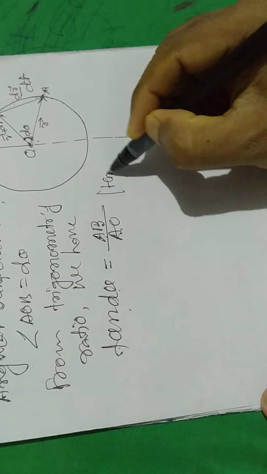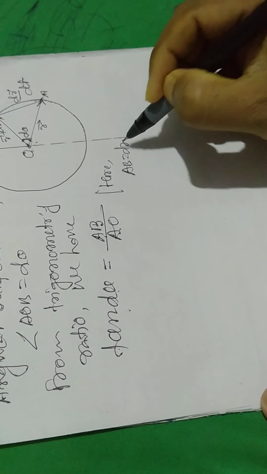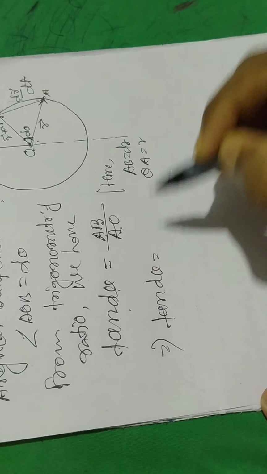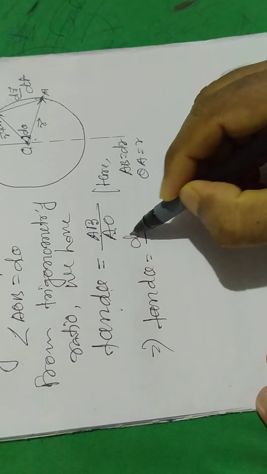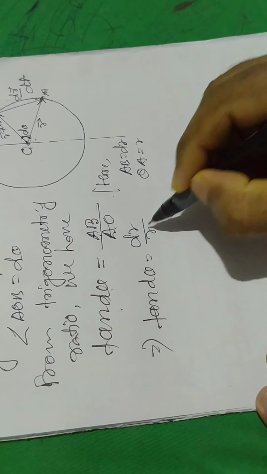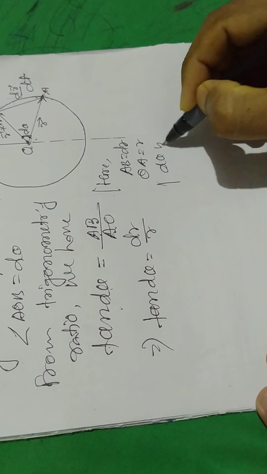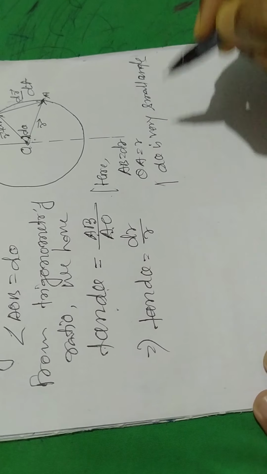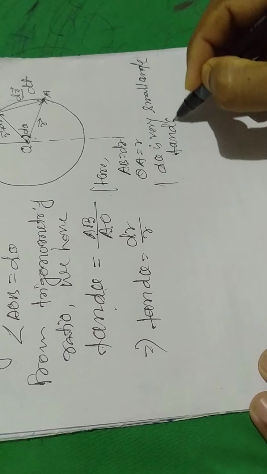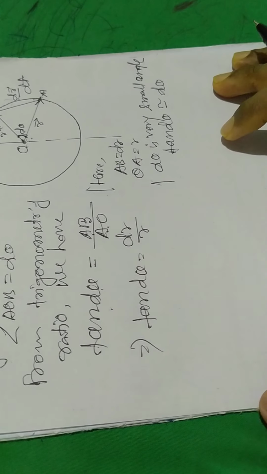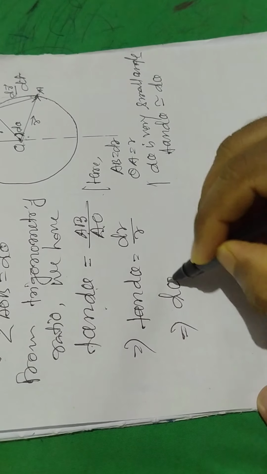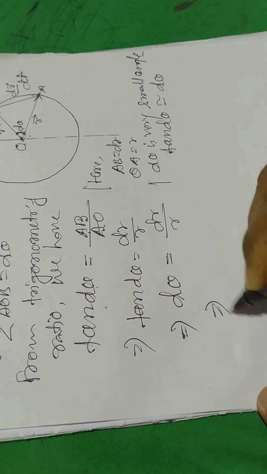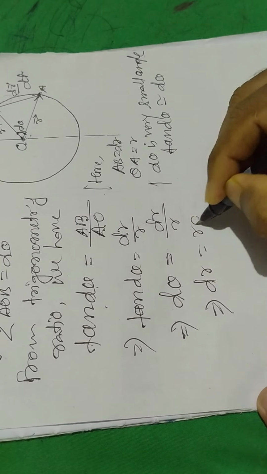Here AB equals dr and OA equals R. Since d theta is a very small angle, tan of d theta is approximately d theta, so dr equals R d theta.